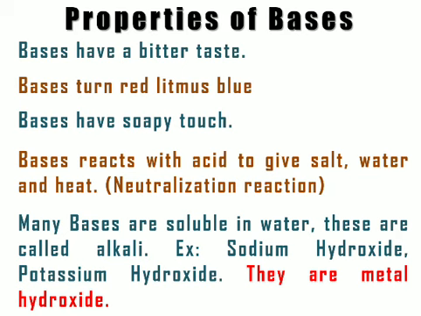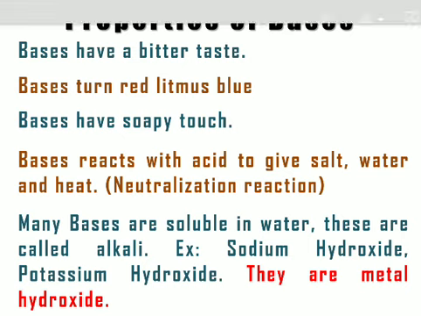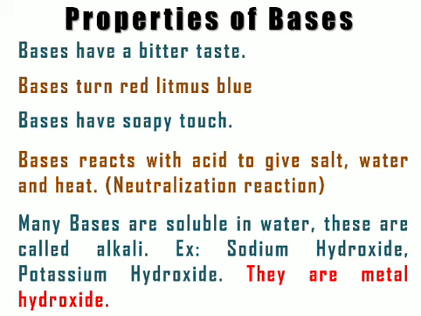They are bases, but they are also known as alkali because they are soluble in water. Sodium and potassium hydroxide are also known as metal hydroxides because they have a metal in them. Sodium is a metal, similarly potassium is a metal, so they are called metal hydroxides. What we can conclude from here is that all alkalis are bases, no doubt, but all bases are not alkali. This you have to remember.